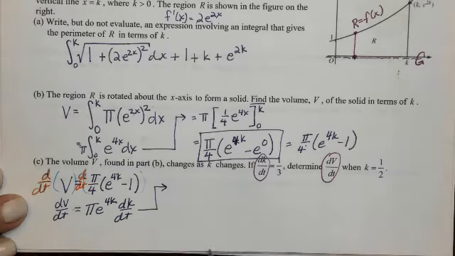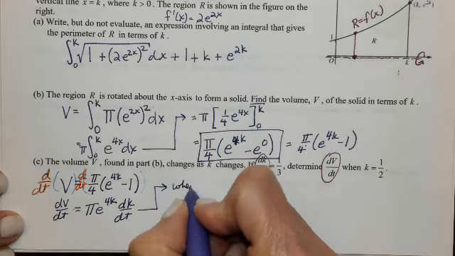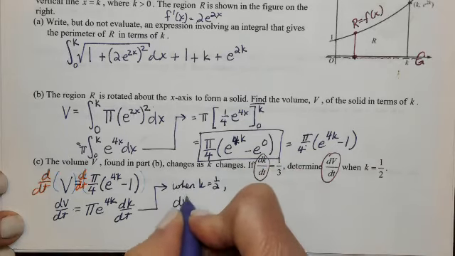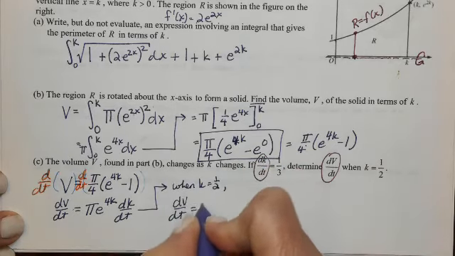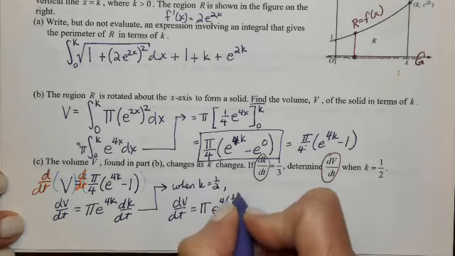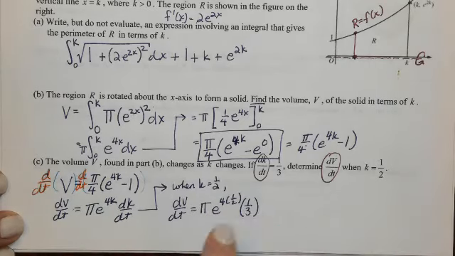Now we're going to plug in numbers. So I need to tell AP what I'm doing. So I'm going to say when k equals 1/2, dV/dt is equal to pi e to the 4 times 1/2 times 1/3. It's all numbers, so that's a safe stop spot. So I'm just going to leave it right like that.